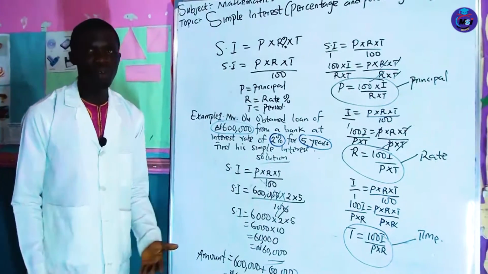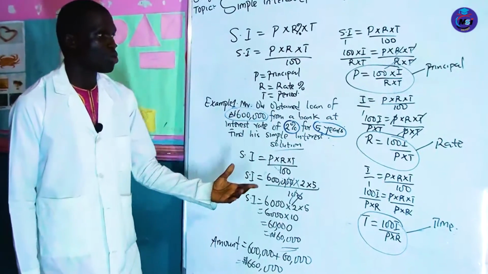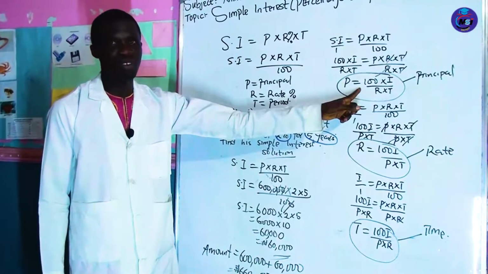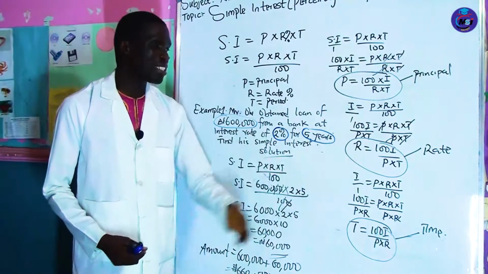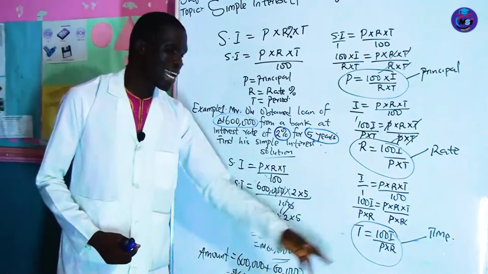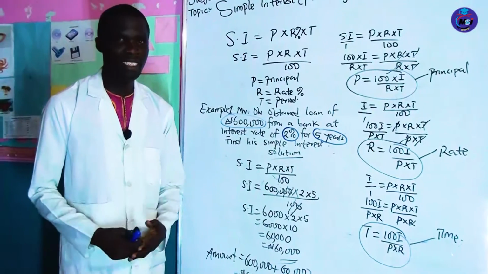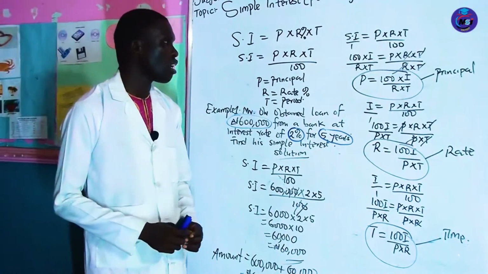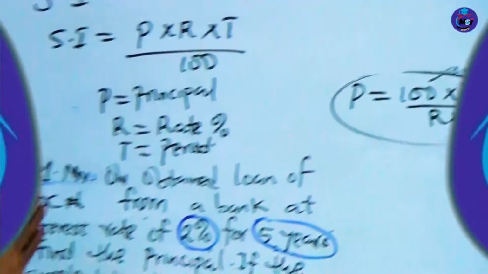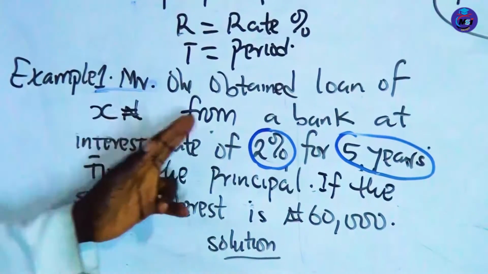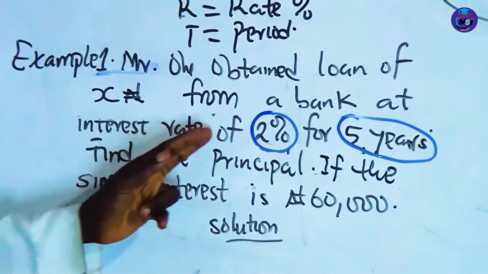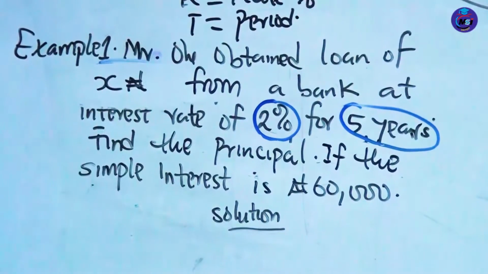So I'm going to give you an example of how to find the principal. Then on your own, you can study more and find the rate and find the time. If you get that, you will not have a problem with simple interest. The question is, Mr. Olu obtained a loan of X naira from a bank at an interest rate of 2% for 5 years.